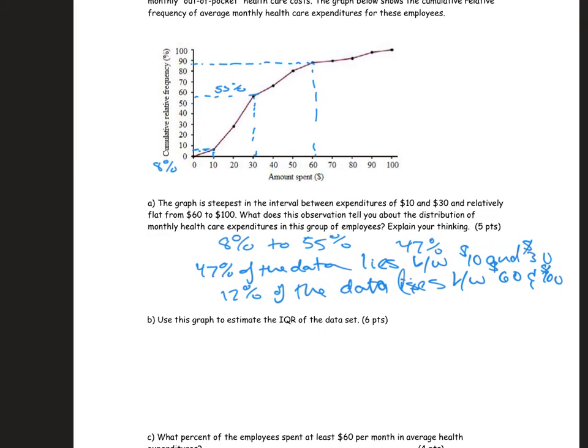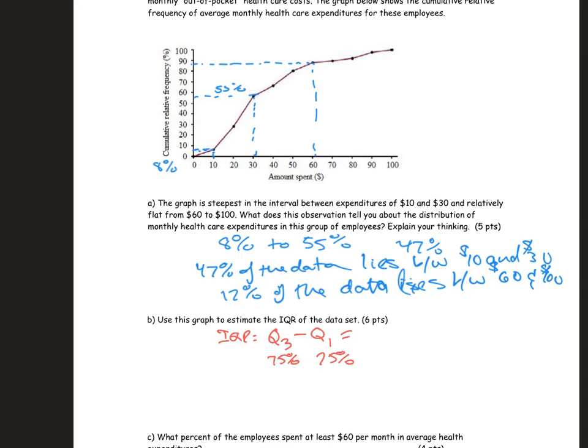Let's look at part B. Use this graph to estimate the IQR. Okay, remember IQR is Q3 minus Q1. So Q3 means 75% and Q1 is 25%.